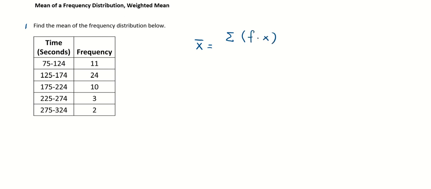F here means the frequency of each class, of course, and this x here is the data value, but here we're talking about the midpoint of each class. So we will use this formula.